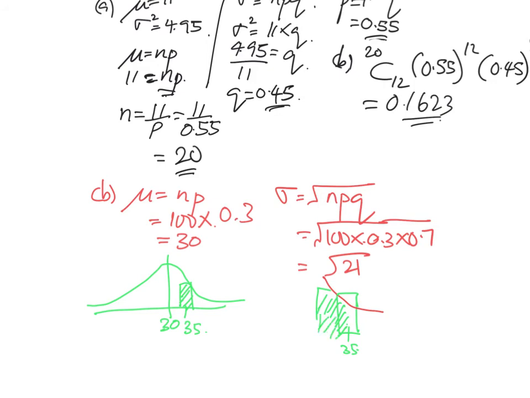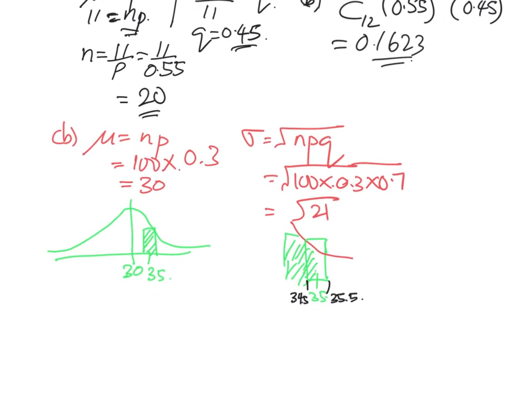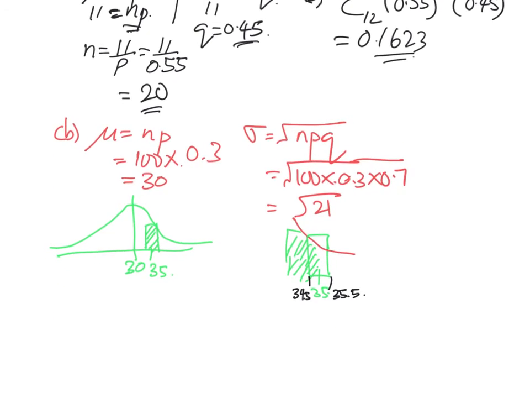If this is 35, my lower bound is 34.5 and my upper bound is 35.5. But since the question asks for fewer than 35, we are not taking 35, we are looking at everything less than 35.